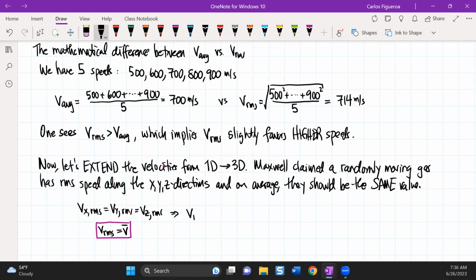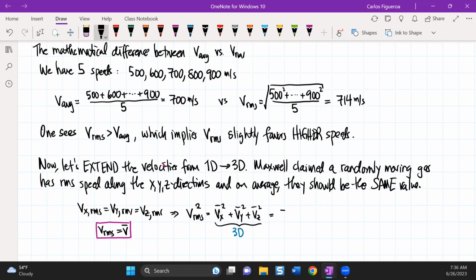VRMS squared should then equal Vx bar squared plus Vy bar squared plus Vz bar squared, and this is for a 3D gas. But these on average should be all the same.